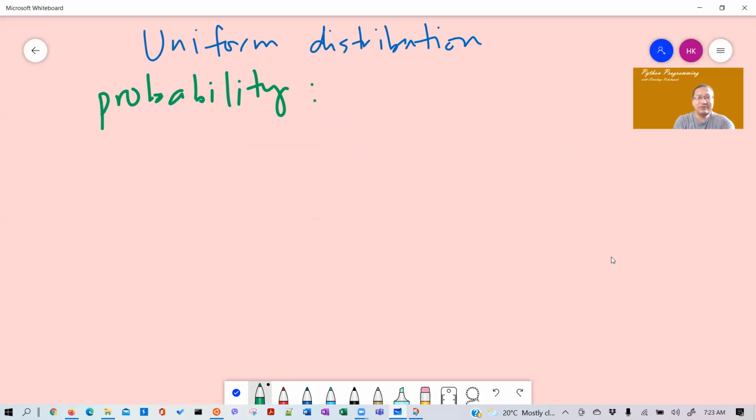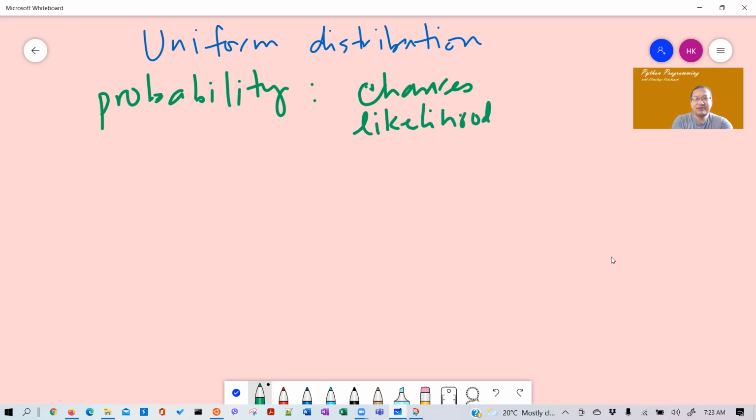Okay, chances. And any other ideas? What is probability? Likelihood. Very good. Chances, likelihood, they all make sense.